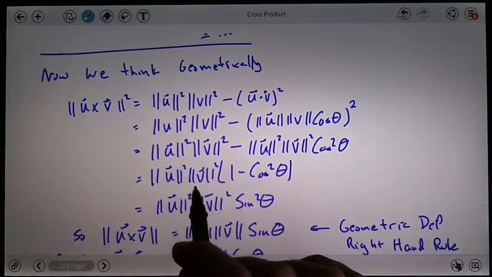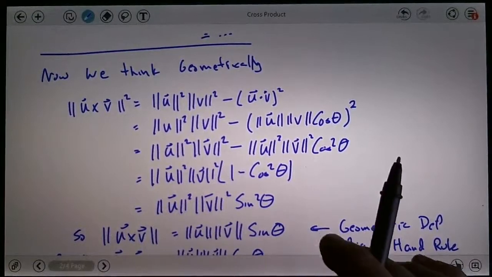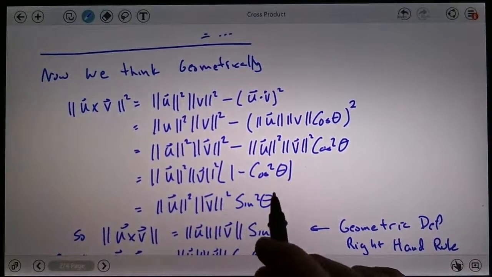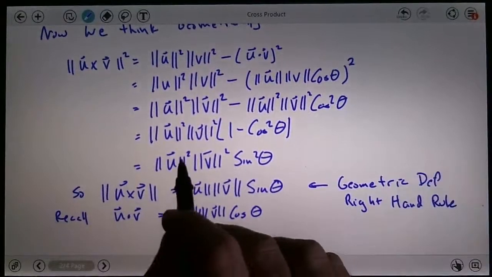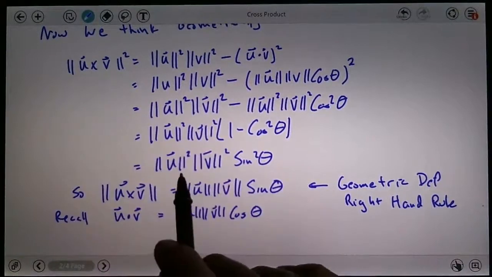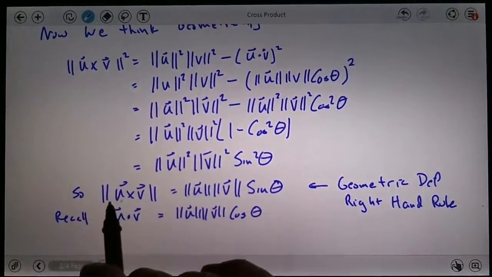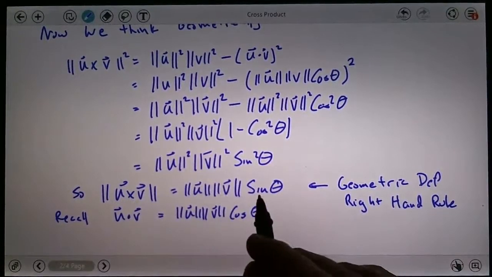So I factor it out, leaving me a 1 from the first term and a cosine squared theta from the second term. I smell a trig identity. 1 minus cosine squared theta is sine squared theta. And so this thing is now equal to this. Taking the square root of both sides, I've got that the length of the cross product is the length of u times the length of v times the sine of theta.